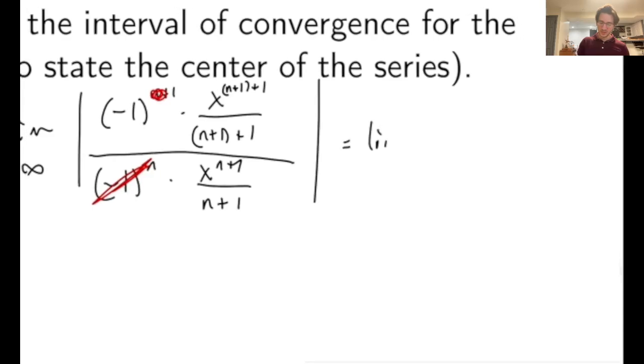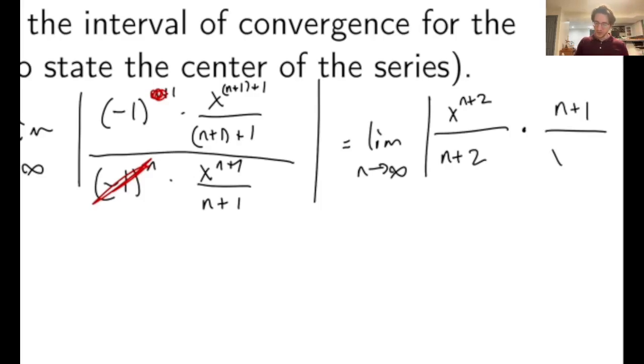This is the limit as n goes to infinity of the absolute value of, again, the -1, the absolute values get rid of it, so I'm just going to leave that -1 out. So now I've got x to the n plus 1 plus 1. That's x to the n plus 2 over n plus 2. I'm going to flip the denominator and write that as n plus 1 over x to the n plus 1.